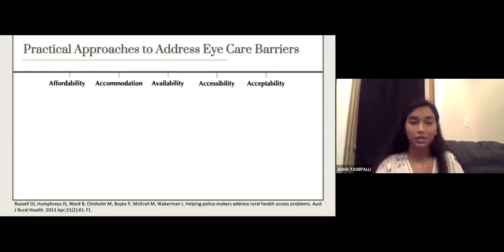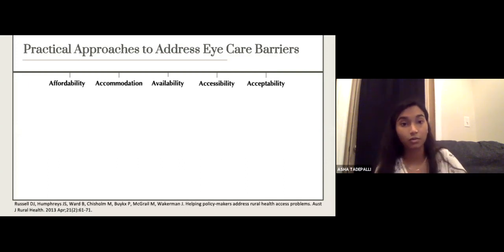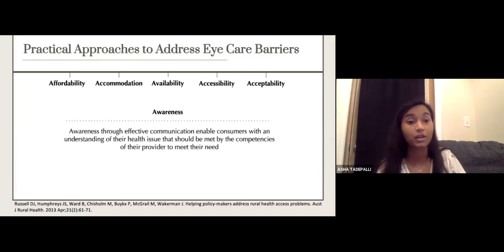So looking forward, we touched on all the barriers that were listed by Penchansky and Thomas. But this presentation and some aspects of it really came at the end of my residency time when I was thinking about what I can do outside of the exam room, or where I'm supposed to fit in these other problems that patients may have. And honestly, doing this presentation and working forward, as we talked about with the resources that we have available, one final barrier to eye care that was argued by Russell et al. is actually physician awareness.